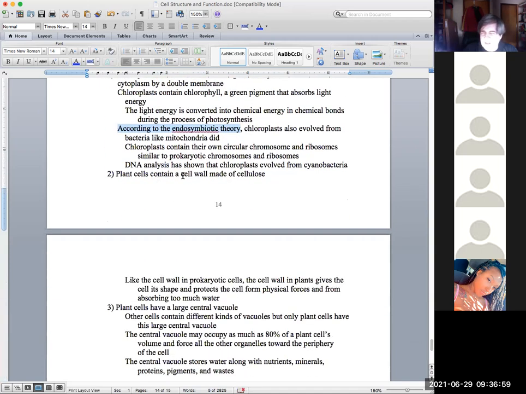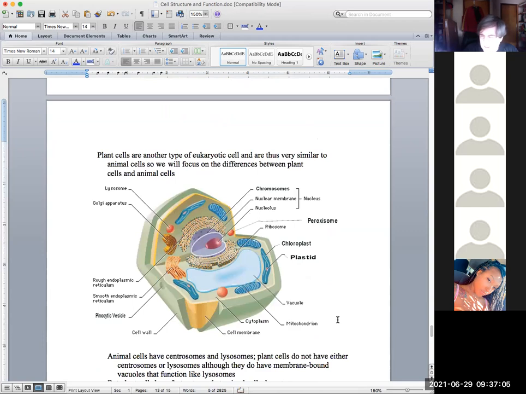Plant cells have a cell wall made of cellulose. Now, if we look at our plant cell, the cell wall is this greenish on the outside. The yellowish that's right inside that is the plasma membrane or the cell membrane. So the cell wall is outside the plasma membrane.